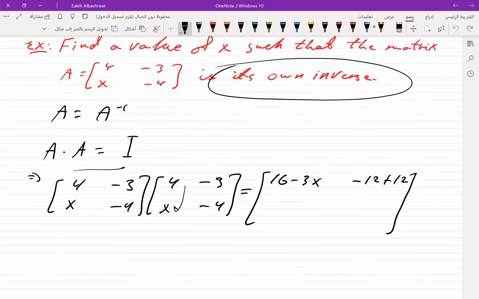The second one, x times 4 is 4x minus 4x, that will be 0. And x times minus 3 is minus 3x plus 16.